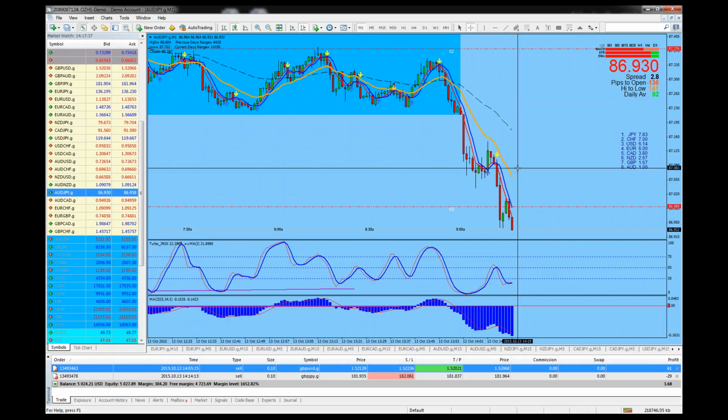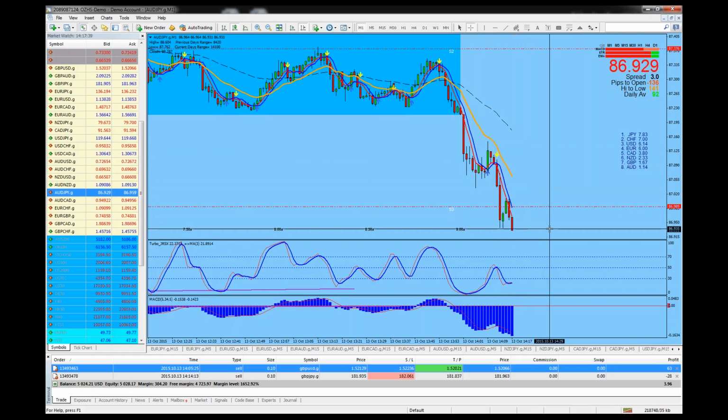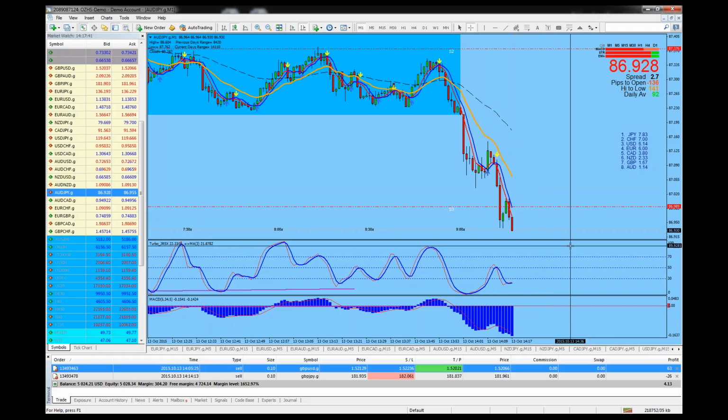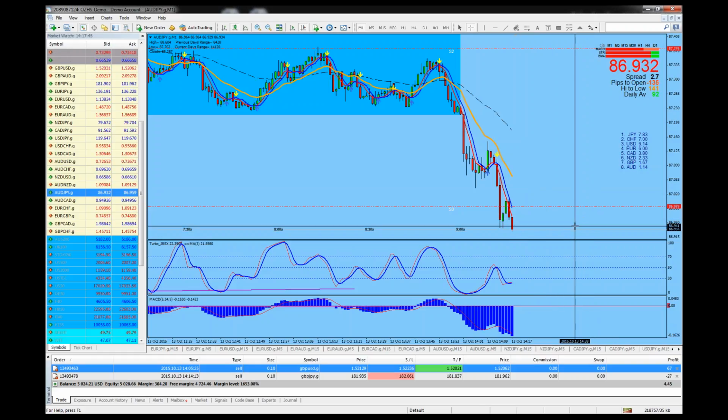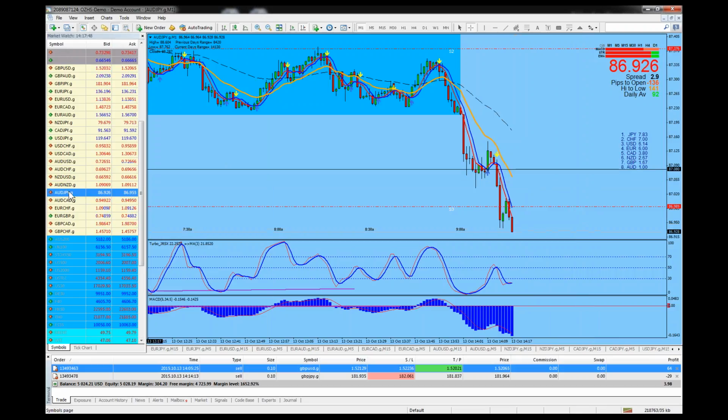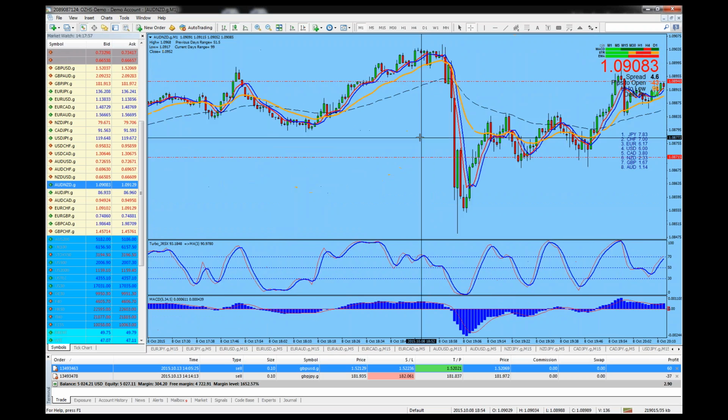This could just be a hell of a drive down. Yeah, both the Aussie and the kiwi are falling like a rock right now. The Aussie, New Zealand, you're saying? Well, the Aussie and the New Zealand, all the pairs of those are falling. Oh, okay.